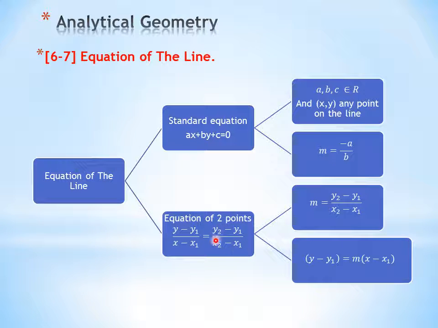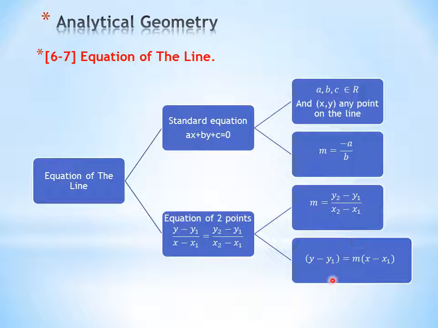So if we replace this fraction by m, we get y minus y1 over x minus x1 equals m. If we multiply x minus x1 by m, the equation is going to be y minus y1 equals m multiplied by x minus x1, and we know that m is the slope.